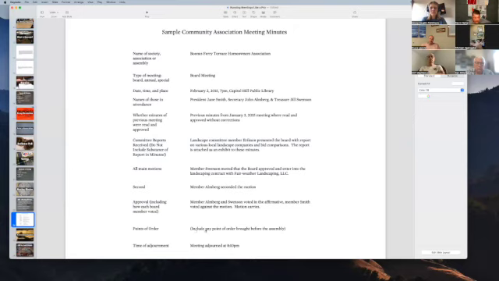Points of order should be included in the meeting minutes as well, and then the big one, meeting adjournment time. That's meeting minutes, and again, meeting minutes, not hours. But you don't have to note the time at which each motion is made. You don't, but if it's a particularly long meeting, there's nothing wrong with that.